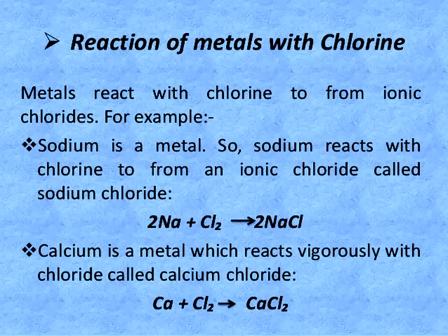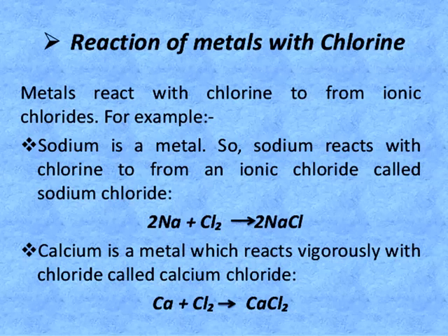Magnesium on heating with chlorine readily forms magnesium chloride. Aluminium reacts with chlorine on heating to form aluminium chloride. Zinc combines directly with chlorine to form zinc chloride. Iron combines with chlorine when heated to form iron 3 chloride or ferric chloride.